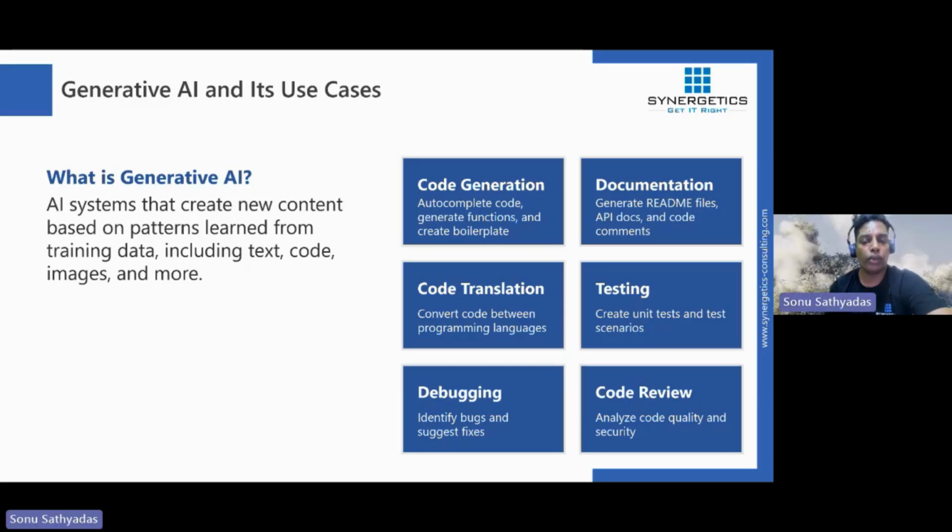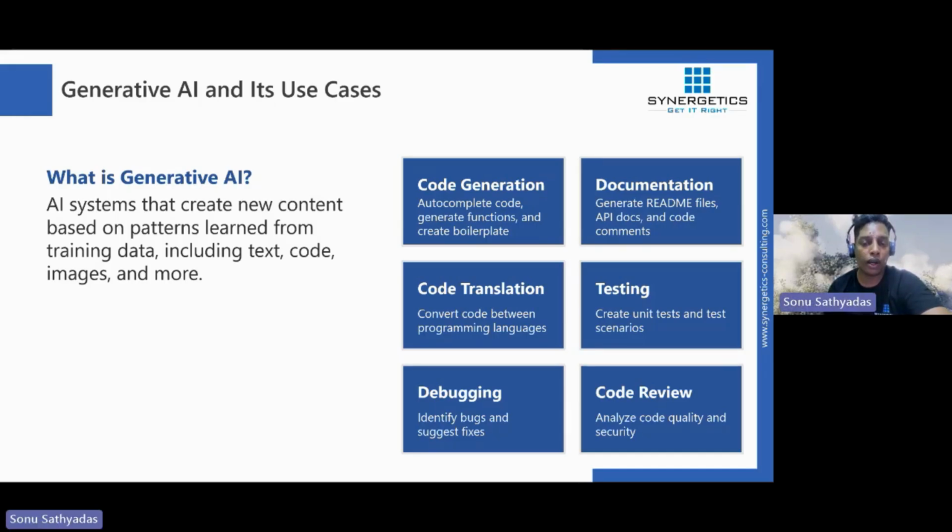You can also do code translations. As a developer, what I mostly face is, suppose I want to implement a particular feature or functionality, I'll go to Google and search for the code for this particular purpose. The Google search can give you code, but it's mostly in a different language. By different language, I'm talking about programming languages.